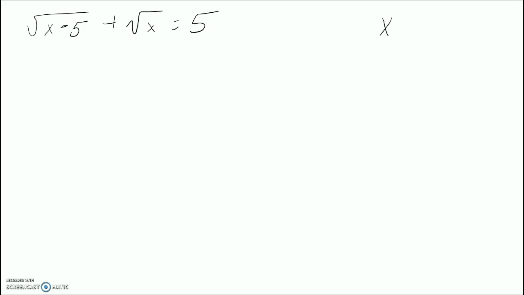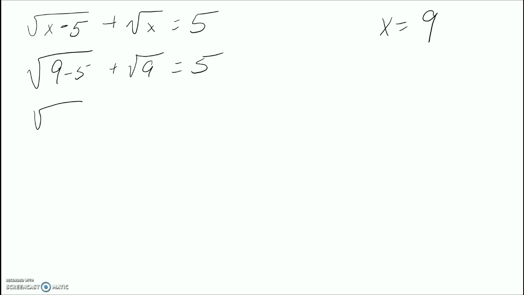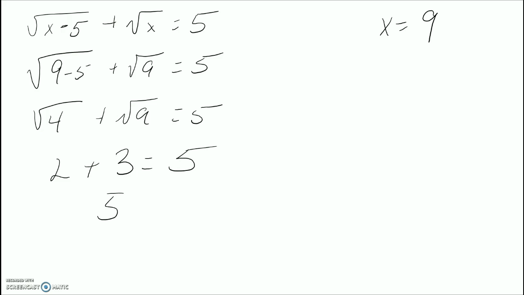Remember we said that x equaled 9, so let's put that in. Now we have the square root of 9 minus 5 plus the square root of 9 equals 5. Well, 9 minus 5 is 4, and the square root of 4 is 2, plus the square root of 9 is 3. 3 plus 2 is 5. And our answer checks.